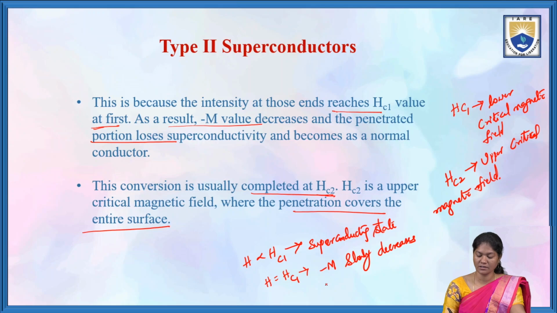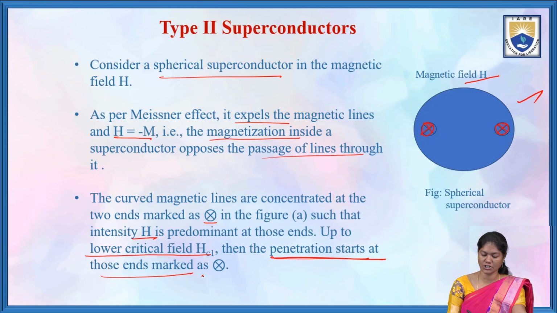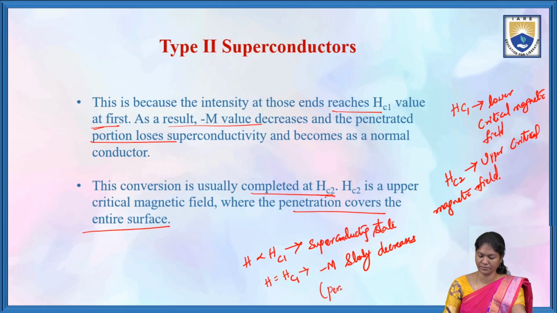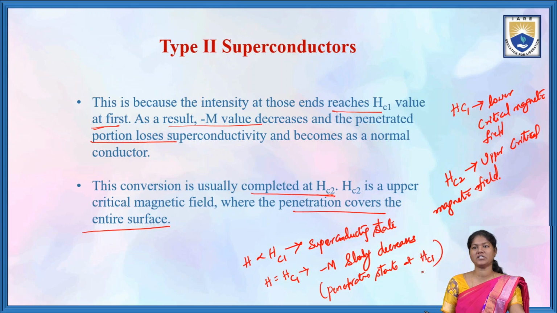Here at HC1 the penetration starts, converting the superconducting to the normal conducting state.